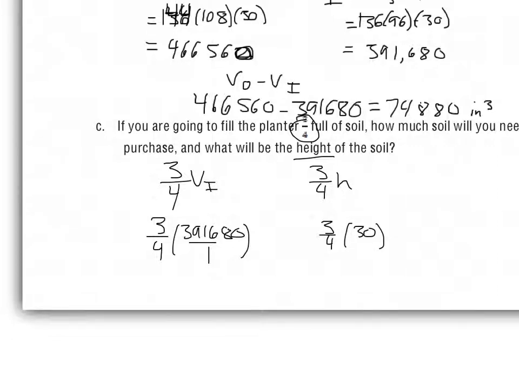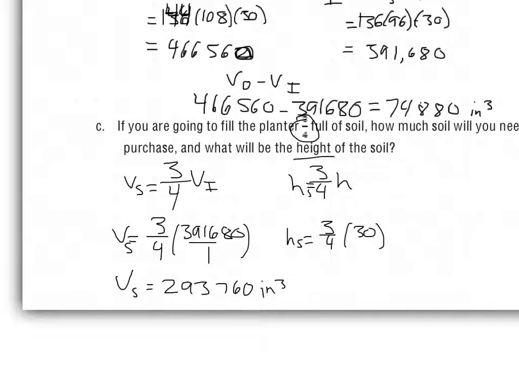And when we calculate that, we'll get the volume of the soil as 293,760 cubic inches, or inches cubed. And 3/4 of the height, so the height of our soil, is equal to 3/4 of 30, which would be 22.5 inches.